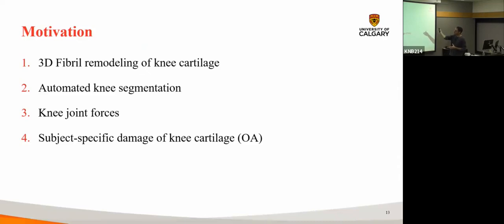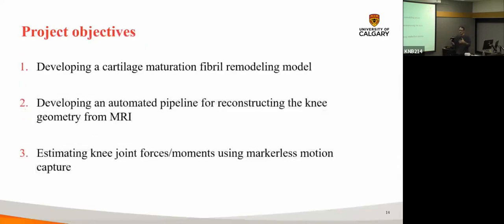So once you have these 3, you can propose a damage model. The damage model can help for rehabilitation practices and to predict the damage in the knee. So all in all, we're trying to, again, go back to the topic, enhance the subject specific, convert manual to automated, and then use markerless motion capture.